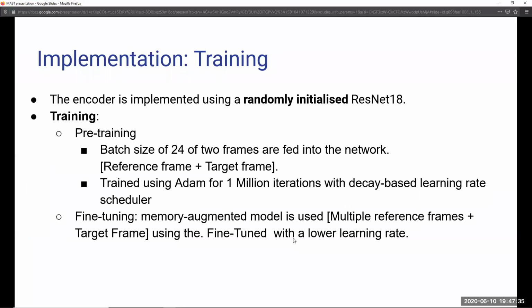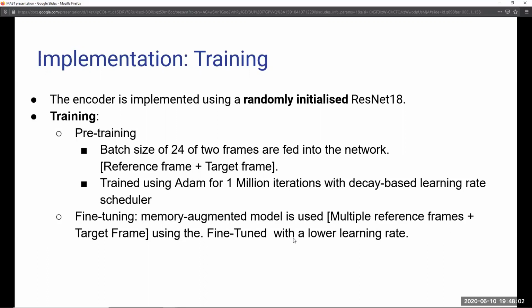Implementation, the way they've done it: they created a ResNet architecture. The encoder is based on ResNet 18. And they didn't use any pretrained weights, it's just the architecture, and they randomly initialize the weights. The training is then done in 2 steps. First was pre-training, and then fine-tuning on that trained model.